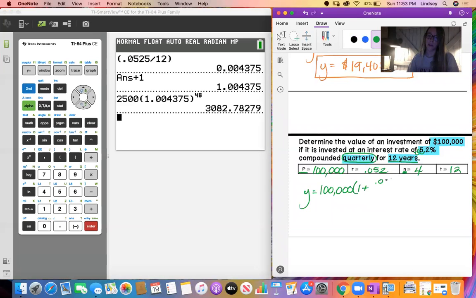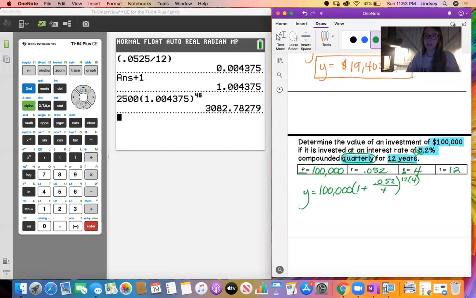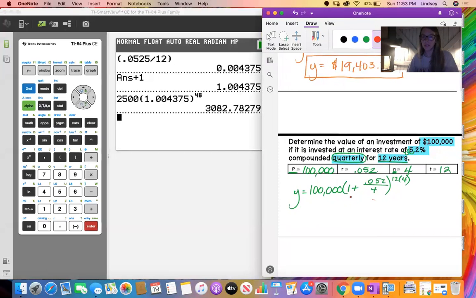Plus 0.052 divided by 4, to the 12 times 4. I guess it would be 4 times 12, but it's fine. All right, so let's simplify inside of our parentheses, and we have to simplify that exponent down. So we've got my equation.